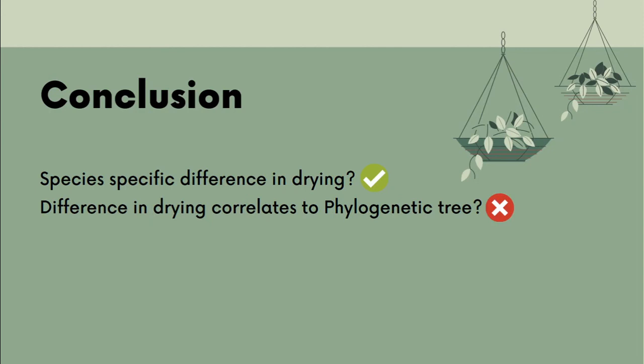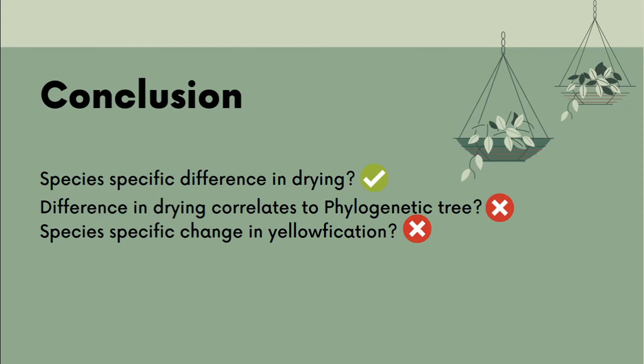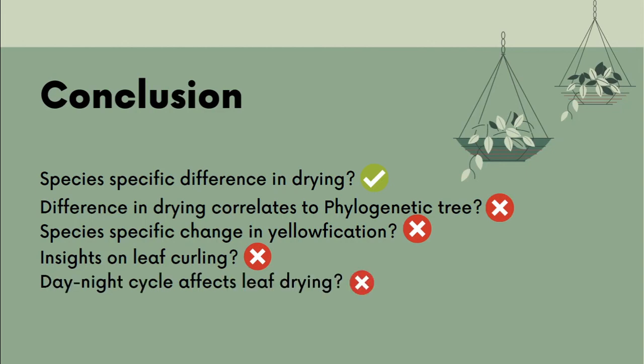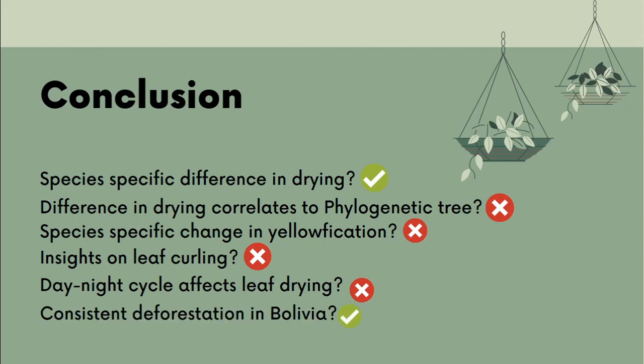We did not find any significant relation between yellowification and species. We did not get any good conclusion on leaf curling and the species. We found that the drying characteristics of leaves kept in day-night cycle and dark cycle were not significantly different. We found that consistent deforestation in Bolivia occurred across 35 years.